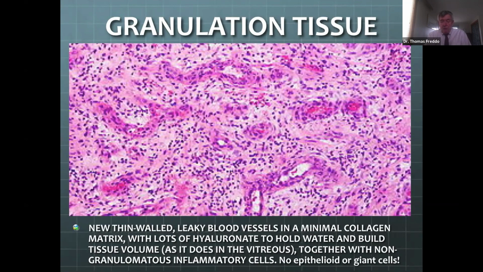And together with non-granulomatous inflammatory cells, this type of tissue will grow quickly, will proliferate, and will fill the void volume as quickly as can be done, providing a base for reepithelialization and subsequently remodeling of this connective tissue to give rise, in most cases, to a scar. There are no epithelioid or giant cells anywhere in these lesions.